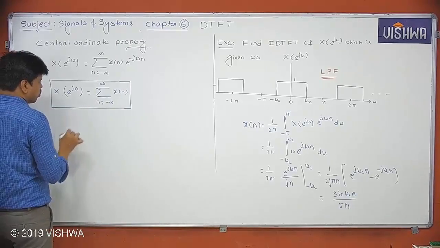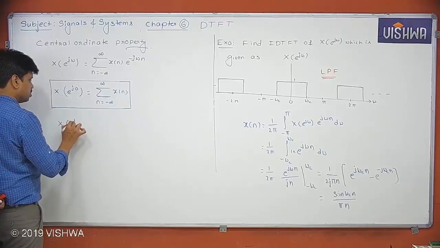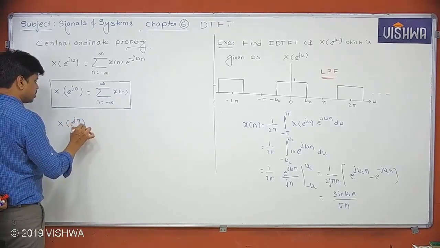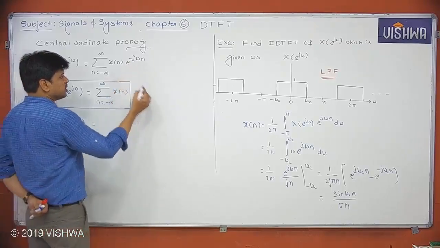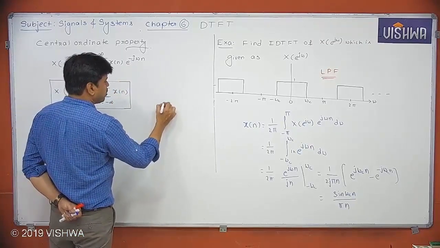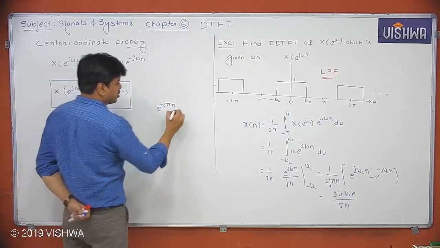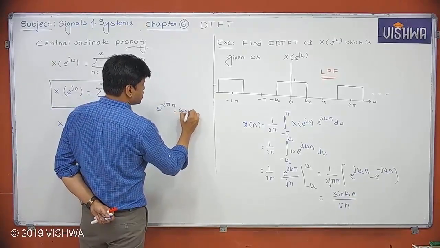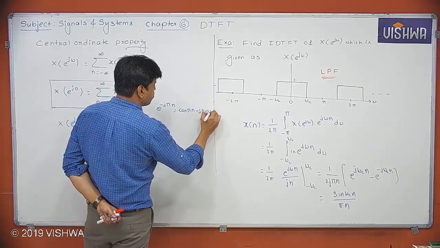For this, there is one more important thing: x of e power j pi. What if omega is equal to pi? Then e power minus j pi n becomes cos pi n minus j sin pi n.